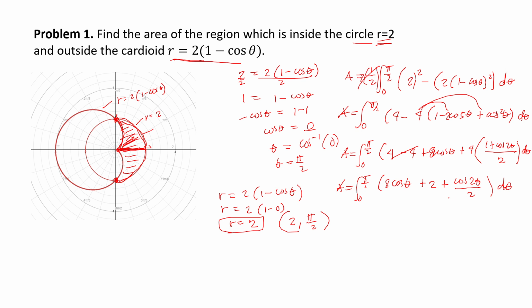Okay, after which we are going to integrate this one. By integration, this is 8. The derivative of cosine theta is sine theta, then plus 2 theta.